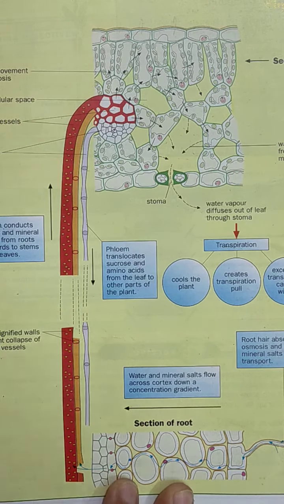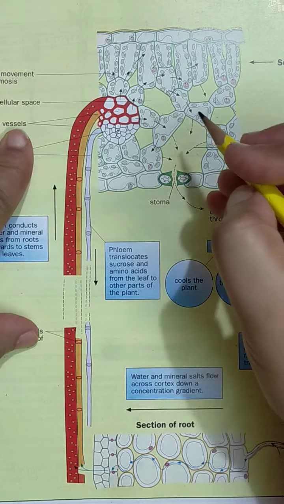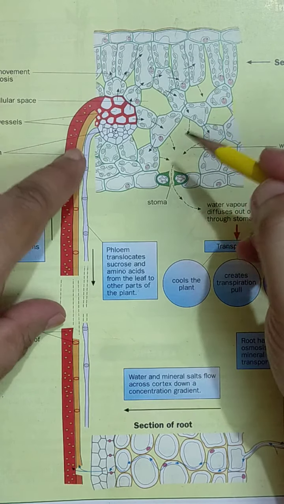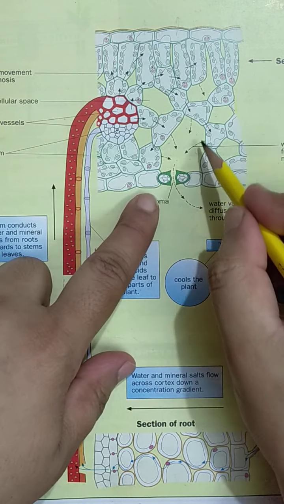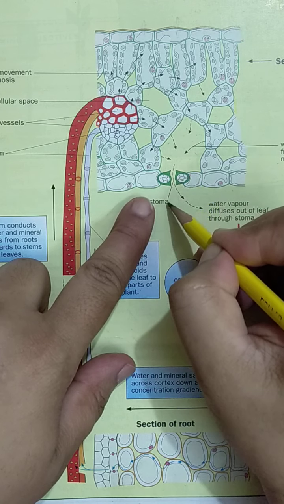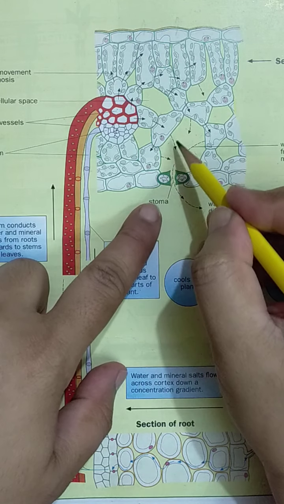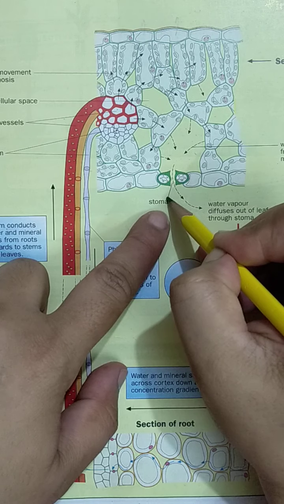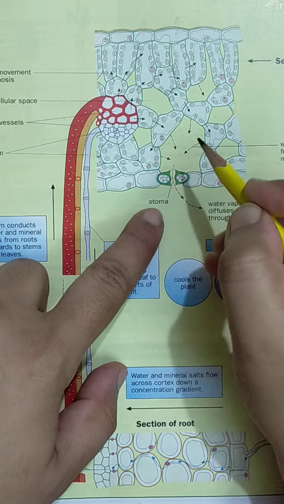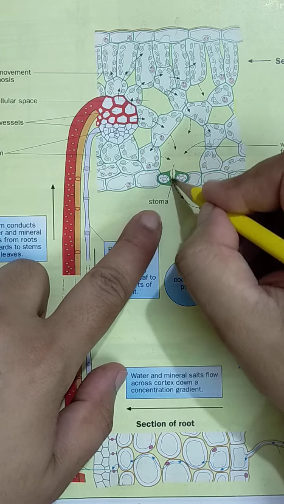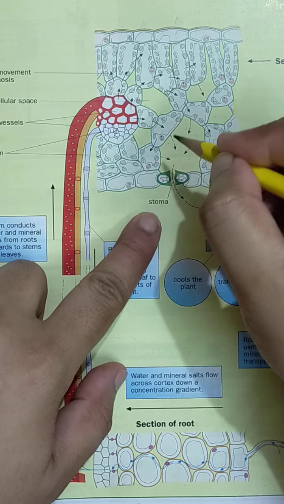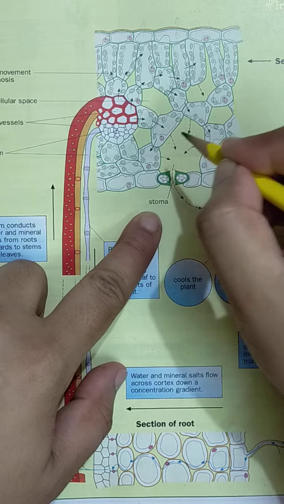Now I am going to give you the concept of transpiration pull. Remember one thing: as water evaporates from the surface of the leaf, a tension or a deficiency is created, and this tension or deficiency is called a pull.